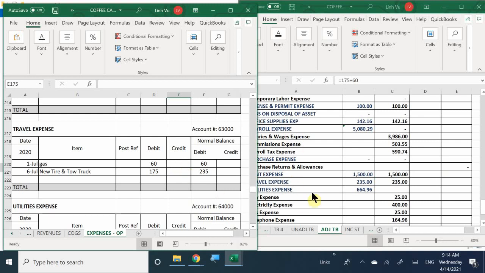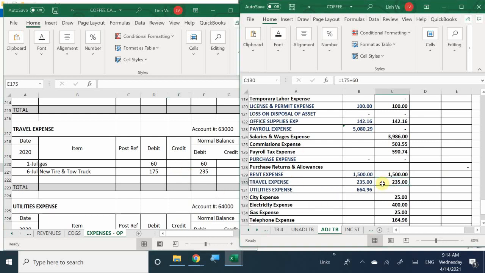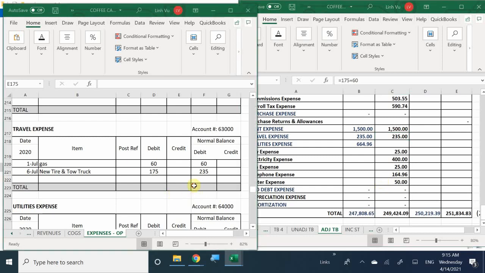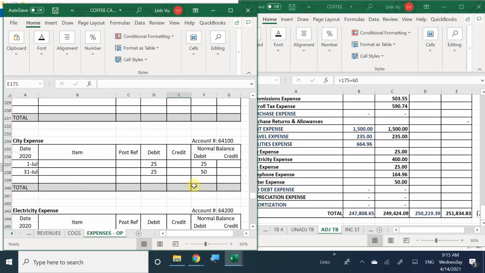Did that change? No, that should stay the same. All right. Then we have our utilities expense. So we had to calculate our utilities because we received a bill for the utilities we used for the month of July. So let's go through one at a time.